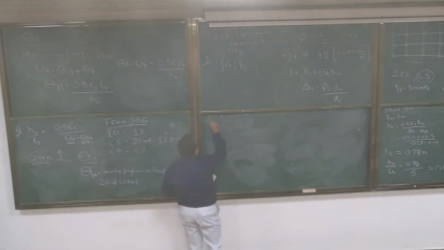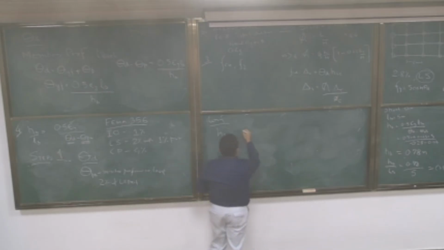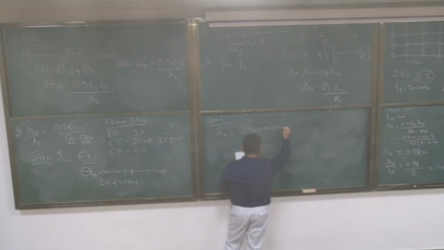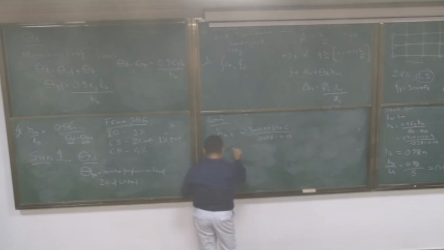So for the long direction, HB is 0.0025 times 6 over 0.028 minus 0.02, which is 0.1936 meters, sorry, 0.936 meters.